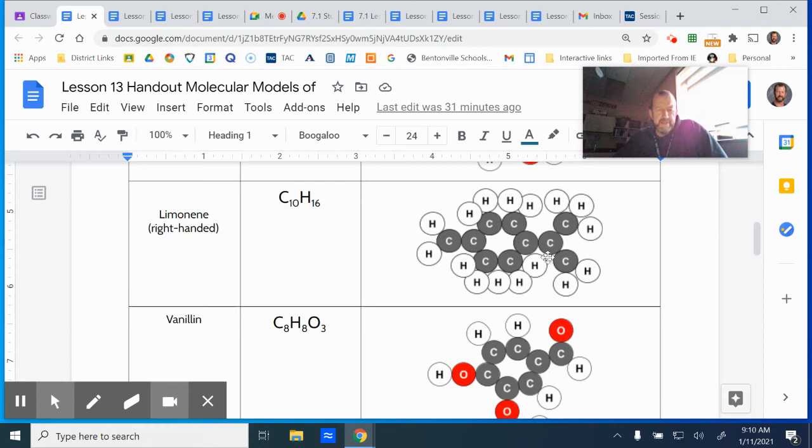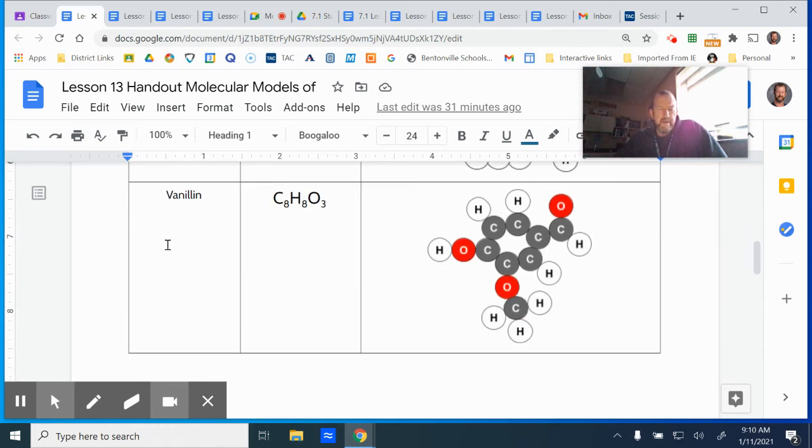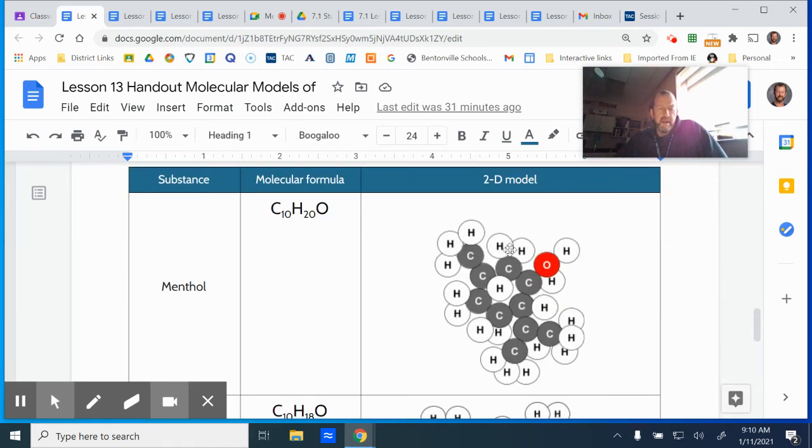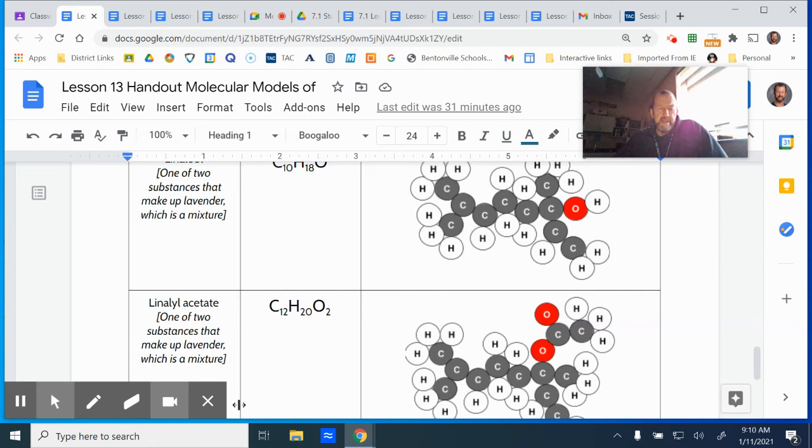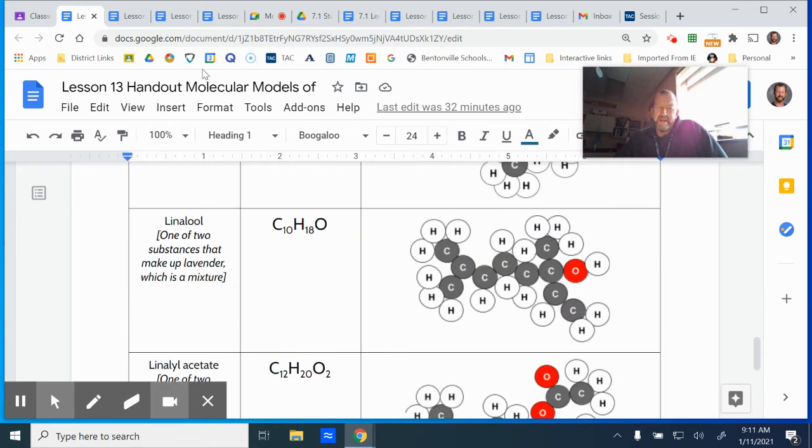You see the lemon molecule, vanilla or vanillin, the molecule for vanillin, menthol, here's the molecule for menthol. And then both of these together are the molecules that are in lavender. These are two separate molecules that are all part of the mixture that's lavender.